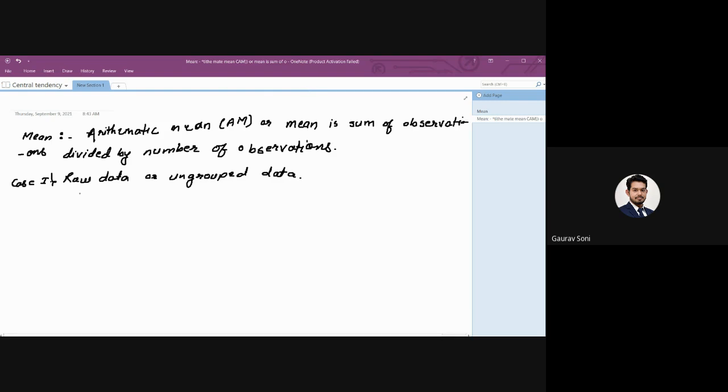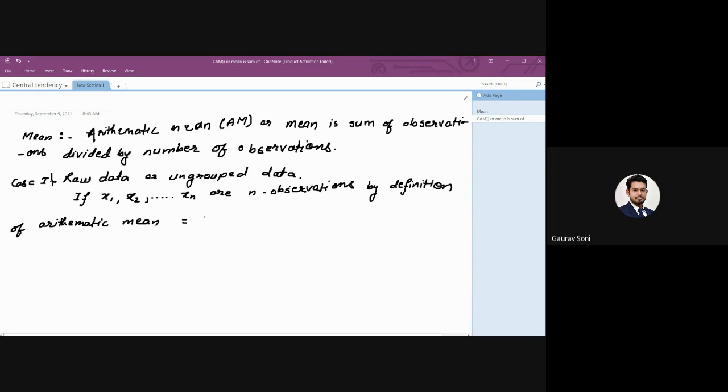If x1, x2, till xn are n observations, then by the definition of arithmetic mean, we will have x1 plus x2 plus up to xn, total divided by n.